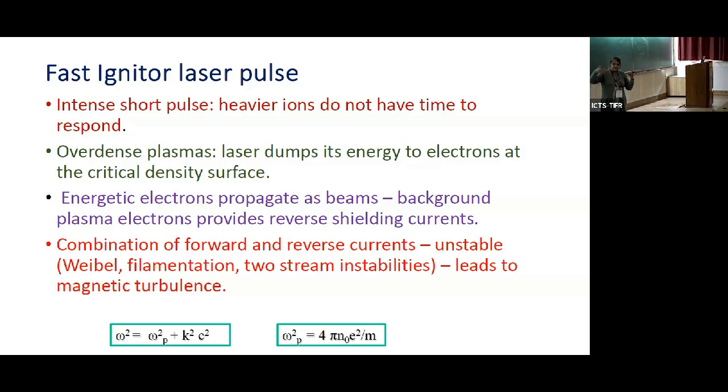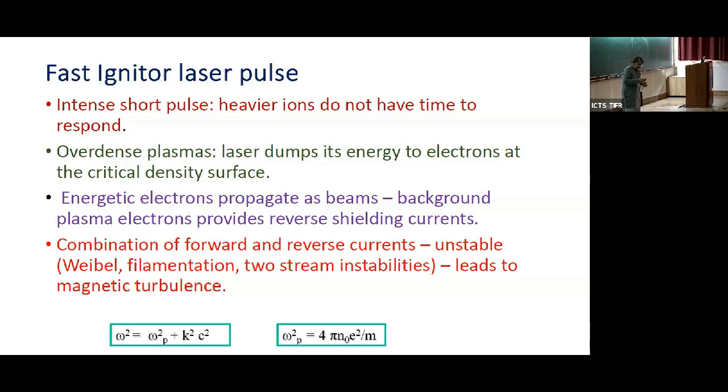Then the plasma itself provides the background return shielding current, and there is a combination of forward and return currents which are unstable to a variety of instabilities like Weibel, filamentation, two-stream, etc. That leads to magnetic turbulence, which in particular may enhance the resistivity.